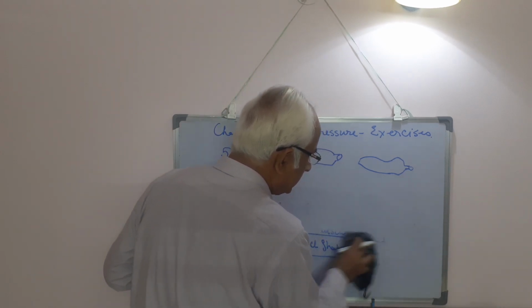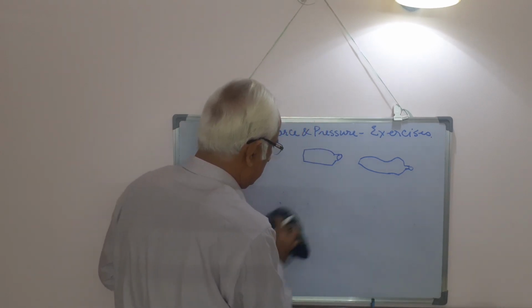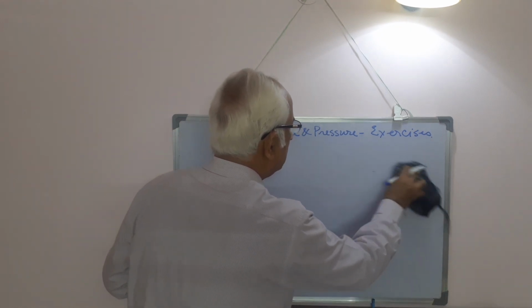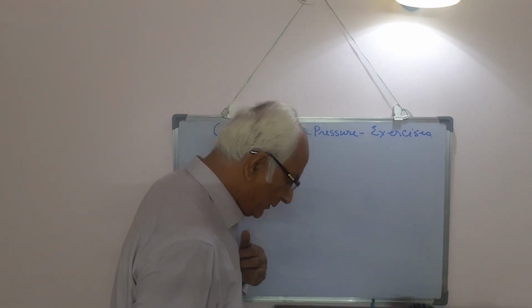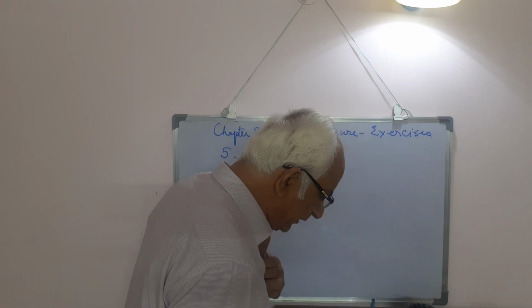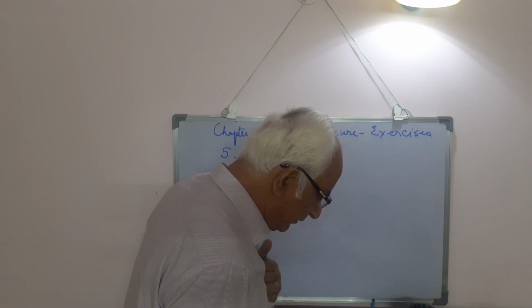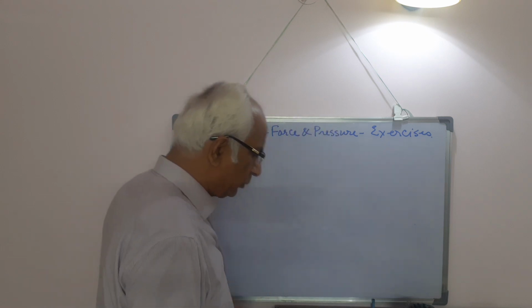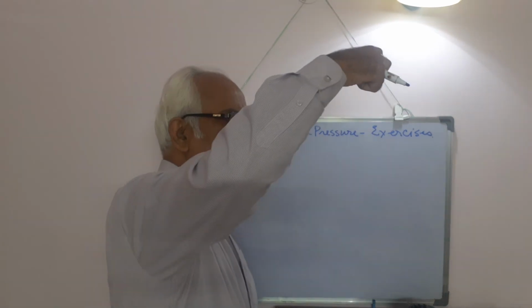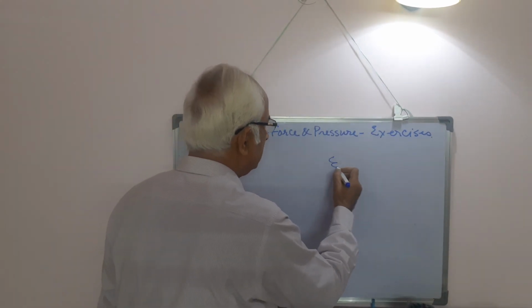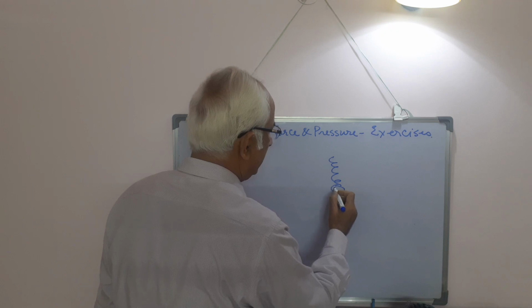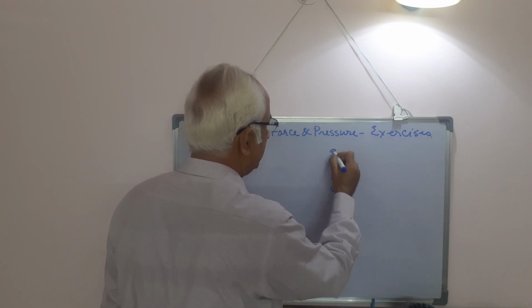What is the next part? A load suspended from the spring while its other end is at the hook fixed on the wall. So when the load has been suspended, let us say there is a spring and you attach a weight here. It is fixed here.